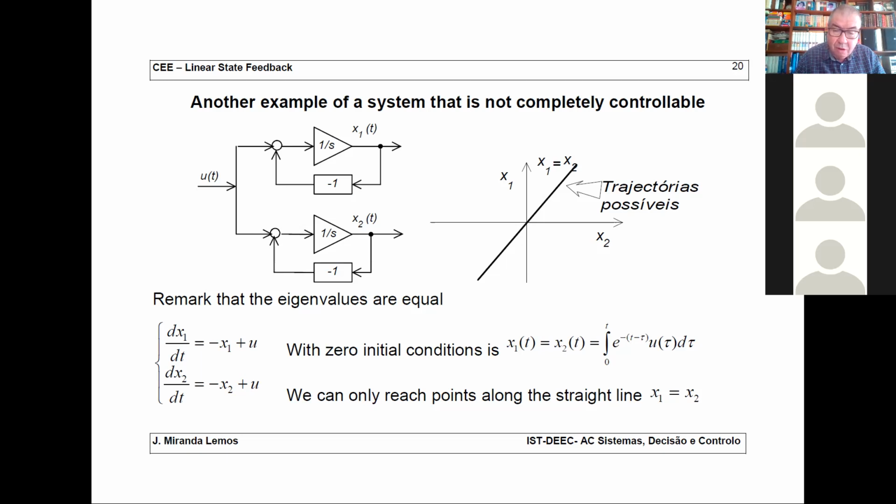He had the problem of keeping the temperature constant in a chemical reactor. And what he was doing was putting all sorts of thermal insulators. Basically it was causing the system to be non-controllable because the heater was outside the insulators. So you were heating, but the heat was not coming into the reactor.